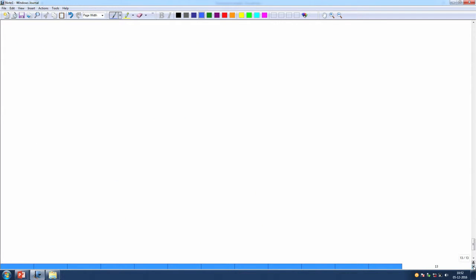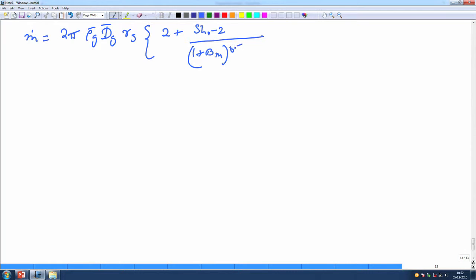Using that, what is your m dot? We are going to substitute all these things into m dot, because Sh star and all those things were there in m dot. Let us look at the mass transport limited m dot. This is R_s (2 plus Sh naught minus 2) divided by (1 plus ...). I am substituting everything over here, 0.7 ln(1 plus Bm) divided by Bm, close it, 1 plus Bm.